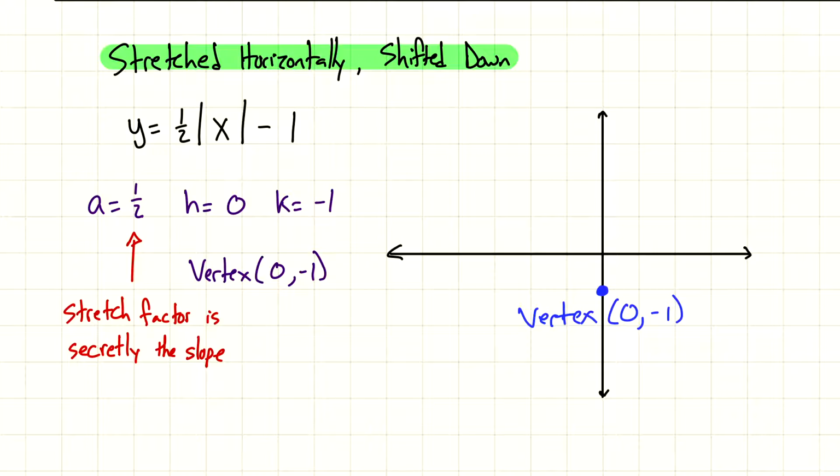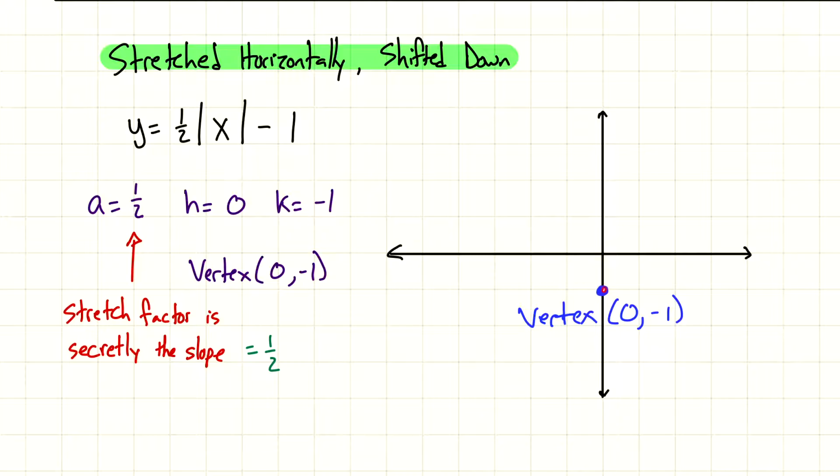Now, remember, a stretch factor is secretly the slope. So in this case, the slope is going to be equal to 1/2. If you're going to graph this, we would start at the vertex, not at the origin.